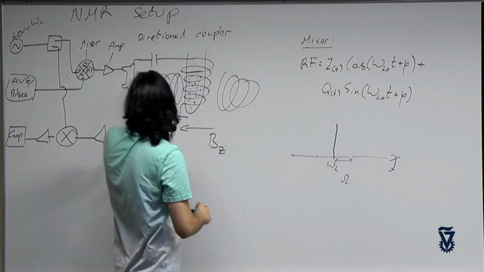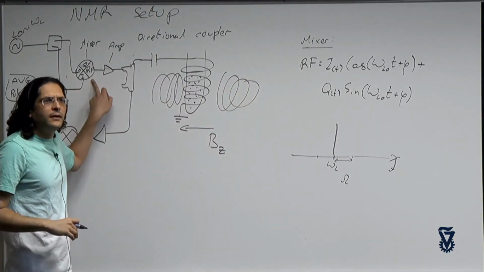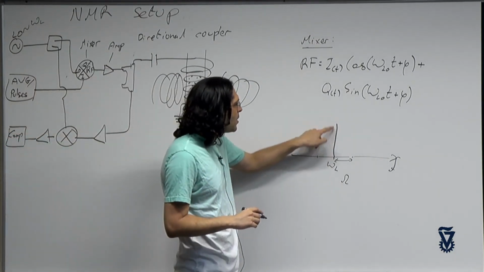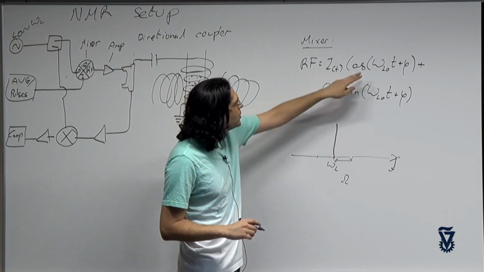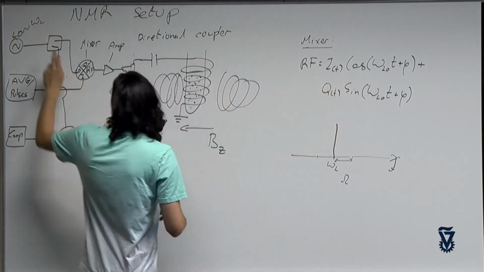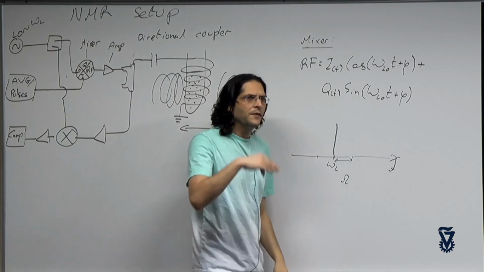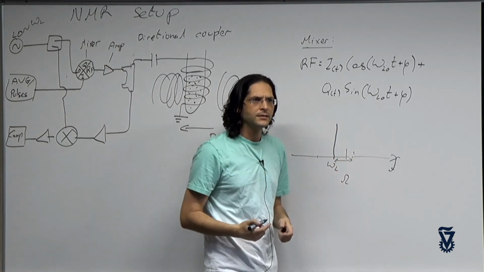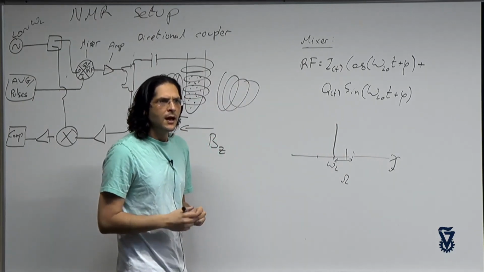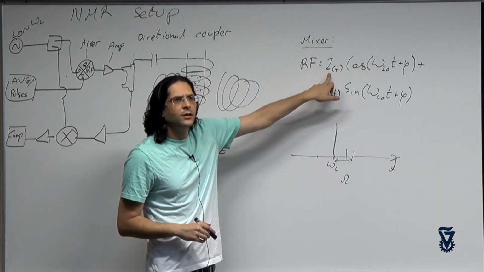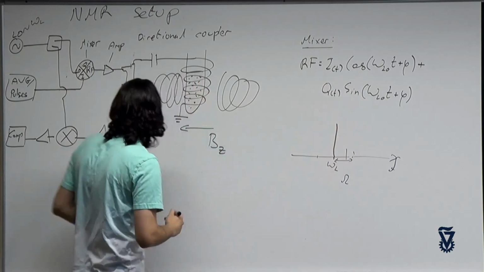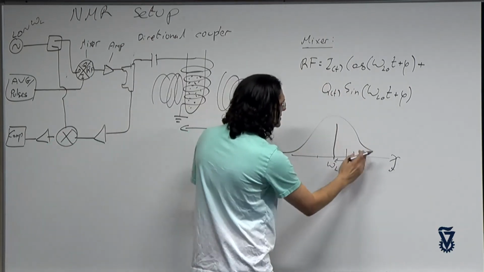So this mixer is acting like a switch. If you do it really slow, then it's acting like a switch for frequencies at what you think is the Larmor frequency. If you modulate it faster, you can get sidebands, so you can also apply pulses at slightly higher frequencies. But basically, by modulating this, you can apply whatever pulses you want in time, okay? As long as you're within some band.